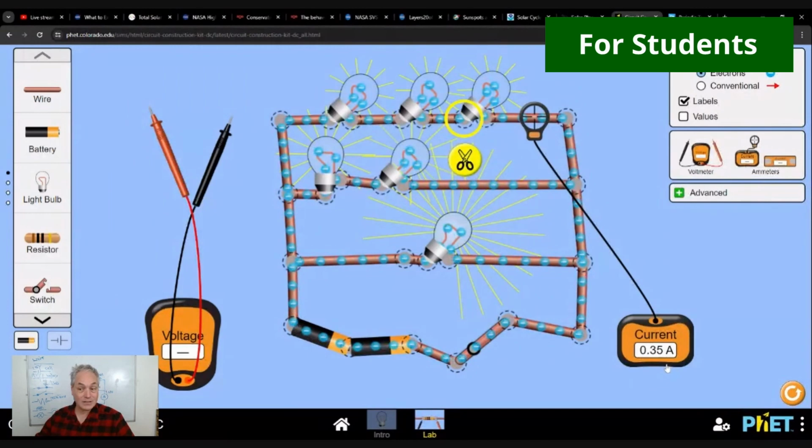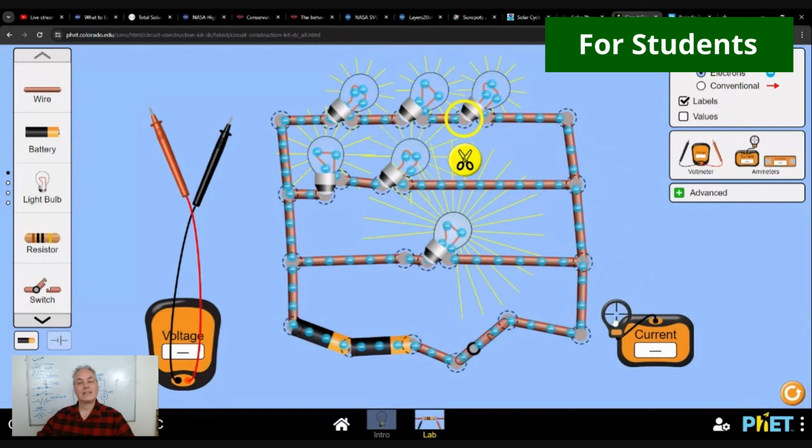It is even slower. The number of electrons is slowing down as well. The current here is 0.35. That means that you have electrons that have three ways: the first branch, second, and third. So here we have a total of 1.92 amps going through the whole circuit.